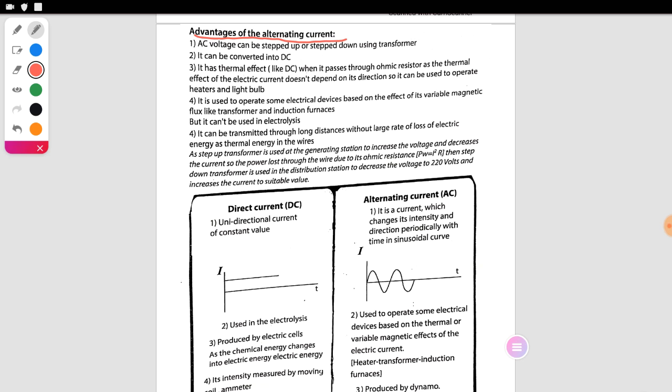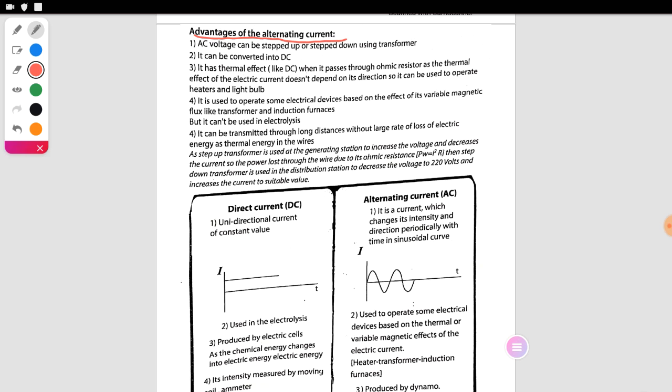Alternating current has a thermal effect like direct current when passed through ohmic resistance. Due to the passing of electric current, which is electrons or charges, they collide with the electrons or molecules of the conductor, making friction, which produces heat energy in the form of the thermal effect of the current.